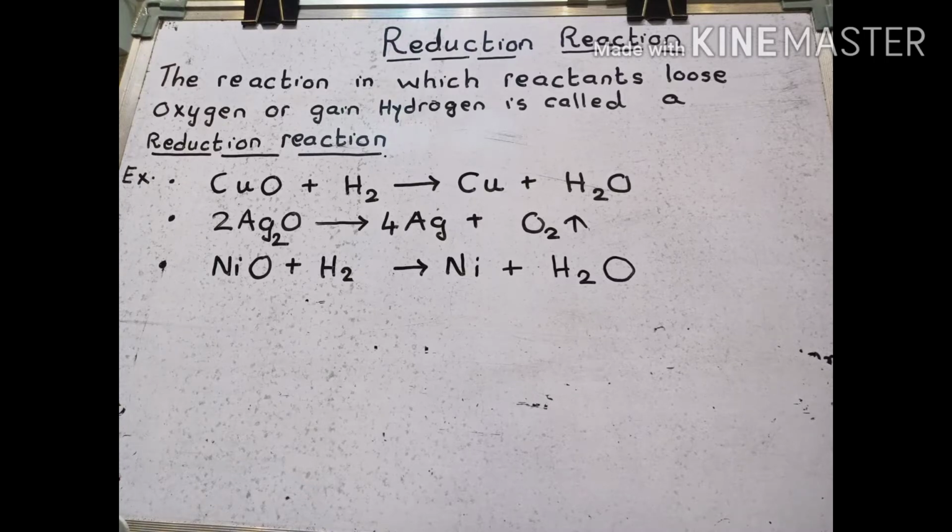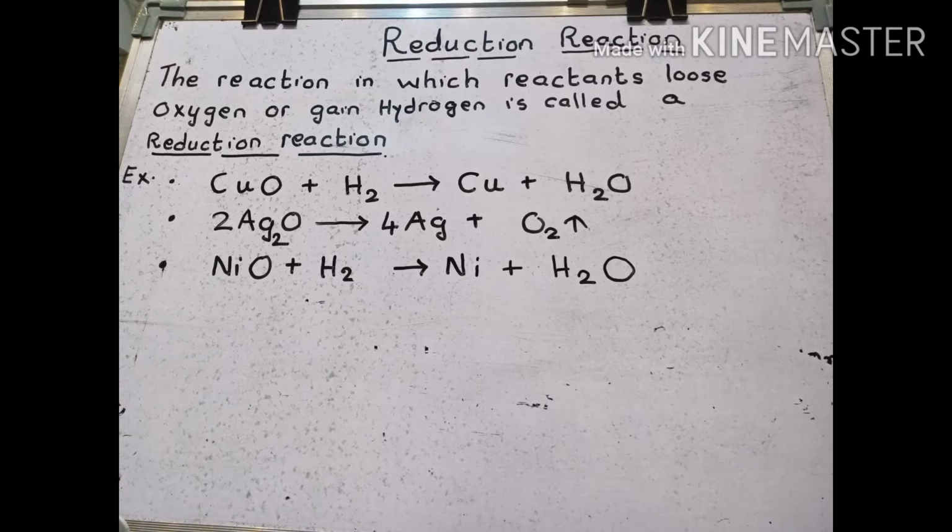Let's look at the second example. You have silver oxide which undergoes a decomposition over here. So you see that silver oxide gets converted into silver and oxygen. So here there again is a loss of oxygen. So it's an example of a reduction reaction.